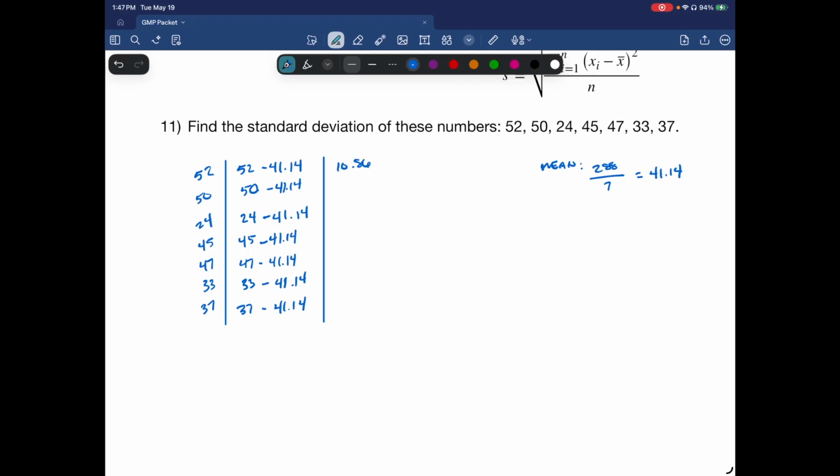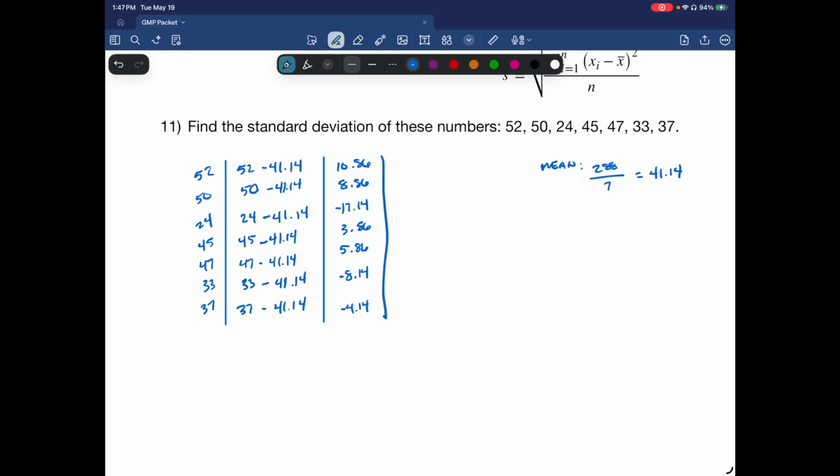On the second one, 8.86. On the third one, negative 17.14. On the next one, 3.86. The next one, 5.86. On the next one, negative 8.14. And on the last one, negative 4.14.